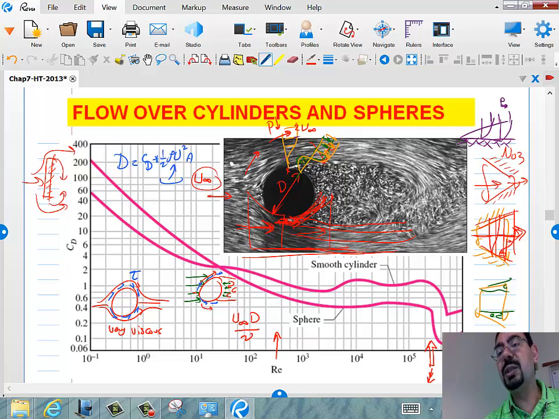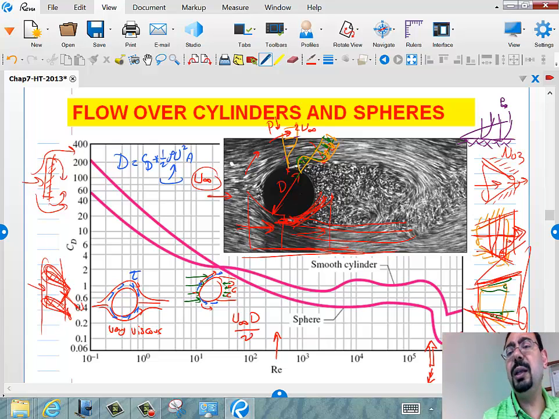So that's why you cannot send the flow into any diffuser. You have to stick to a small angle. If you make the angle really big, the flow will separate and will not go into the diffuser. It will not follow the prescription. It will not decrease its velocity that much. It will not increase the pressure that much. So I can send the flow into any nozzle I want.